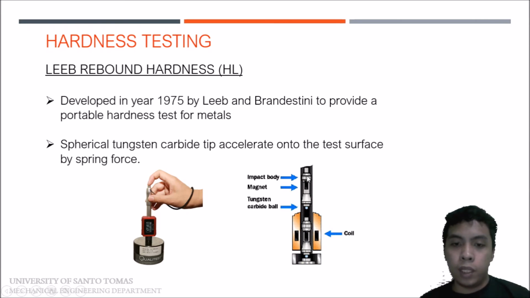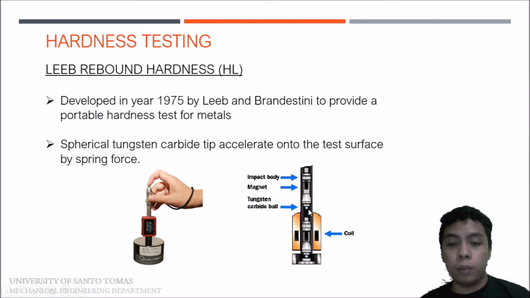So we have this moving metal piece with a spring. What will happen is that if we release the spring force, you will have a movement of impact by this coil. Then the edge of our metal will reach the specimen.